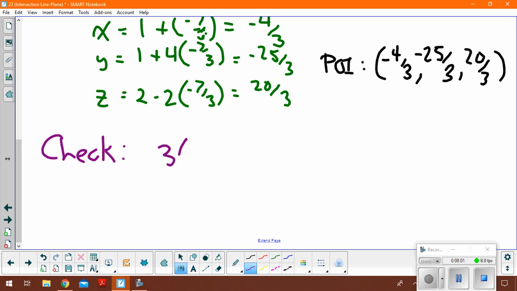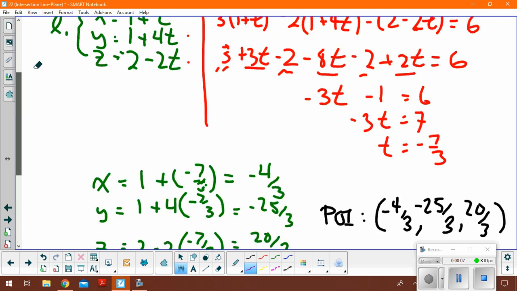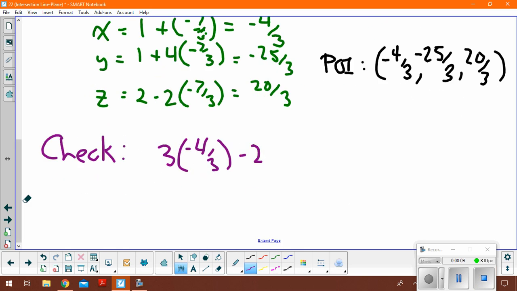So it was 3 times negative 4/3 minus 2, double checking here, yep, times negative 25/3 minus 20/3, and that's supposed to be equal to 6.